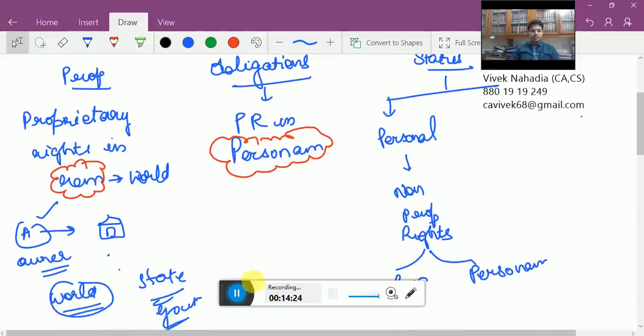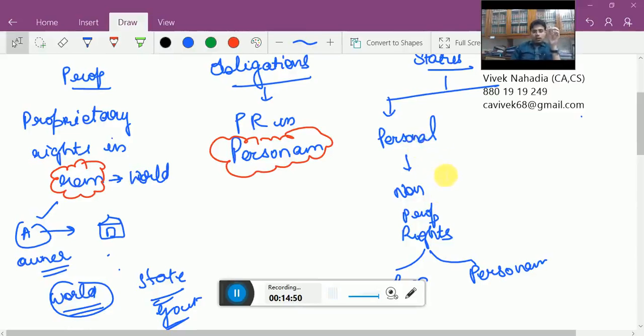And the third one which we discussed is the law of status, which deals with personal rights or non-proprietary rights. So I think it is necessary for me to explain what is the difference between proprietary rights and non-proprietary rights or the personal rights, right?